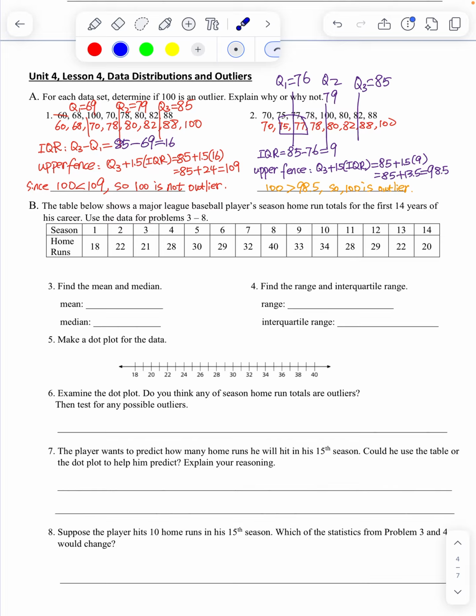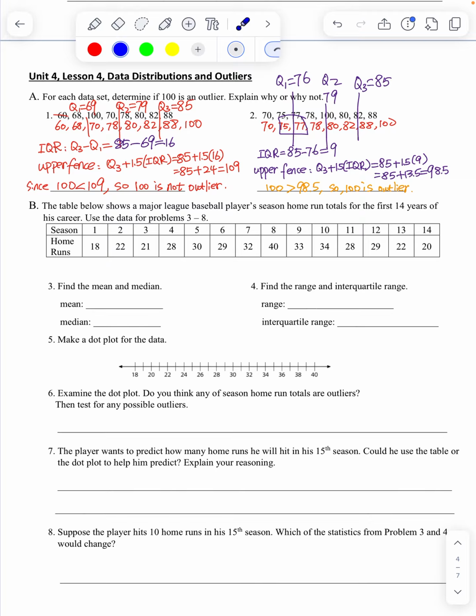So 18 plus 22 plus 21 plus 28 plus 30 plus 29 plus 32 and then 40, and then 33, and then 34, and then 28, 29, 22, and then 20.